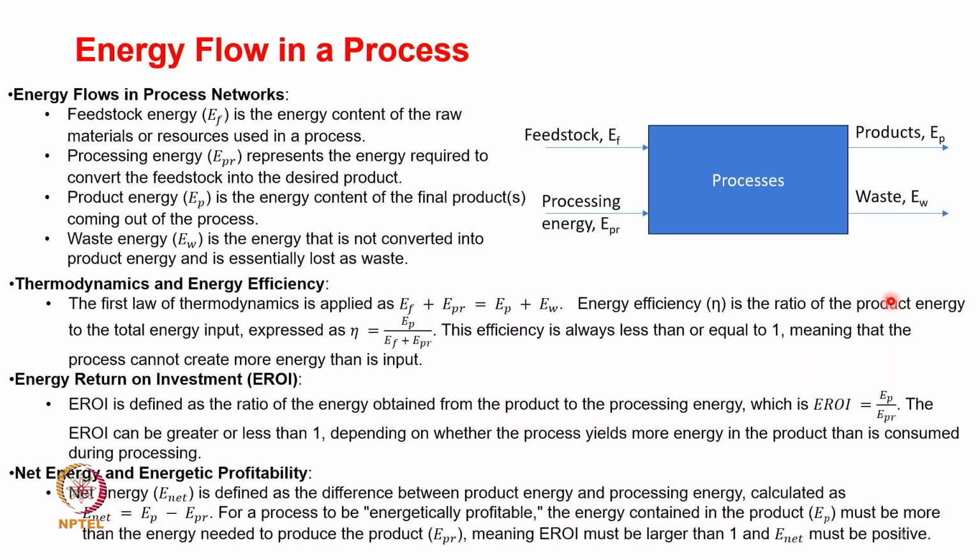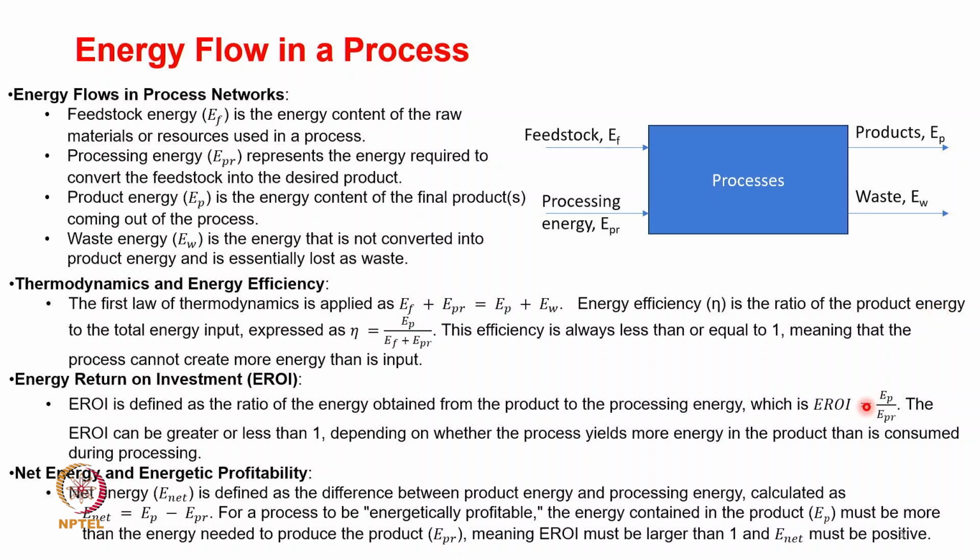So, you utilize some energy, you may convert that into useful work, and depending upon the efficiency of your process, you will start getting your output. But typically the product energy EP should not be greater than the energy that is being fed into the system.